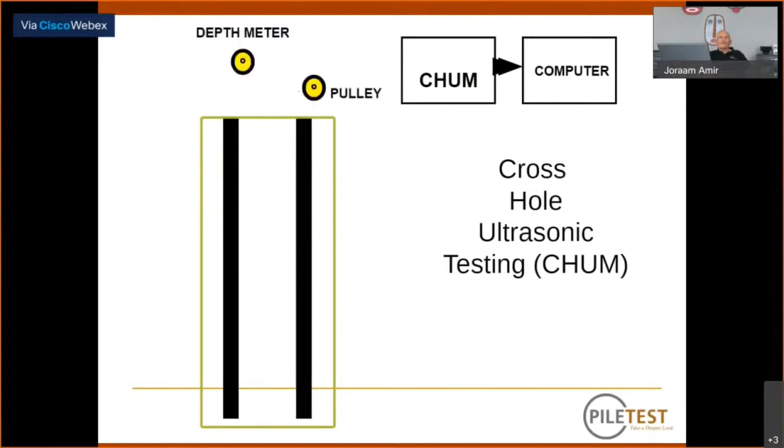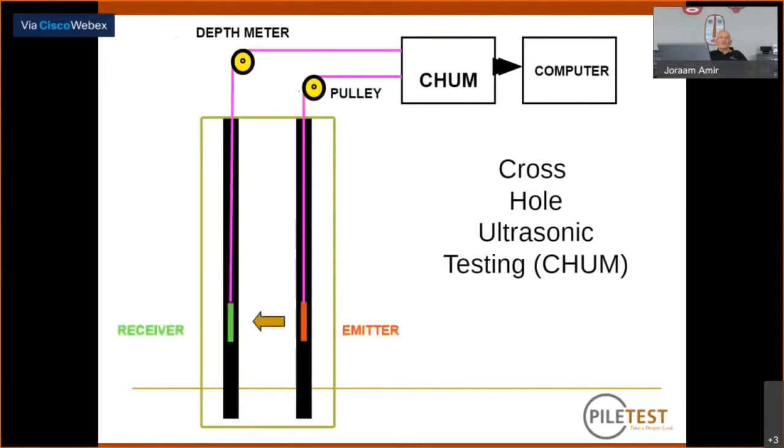We must have a depth meter to monitor the depth of the sensors, which we have hanging from the cables. Now, after reaching the bottom, we pull both emitter and receiver together.